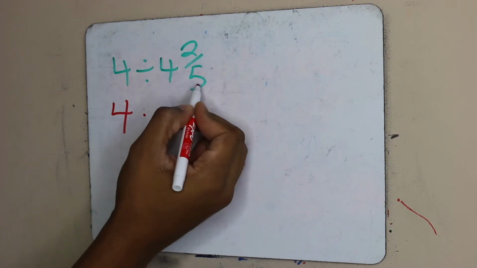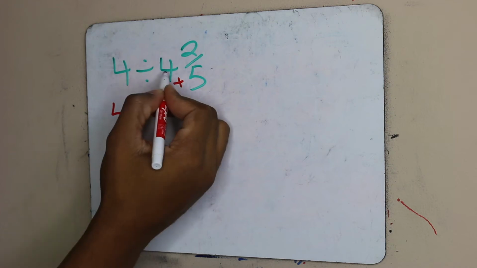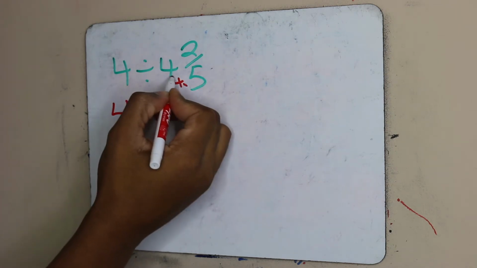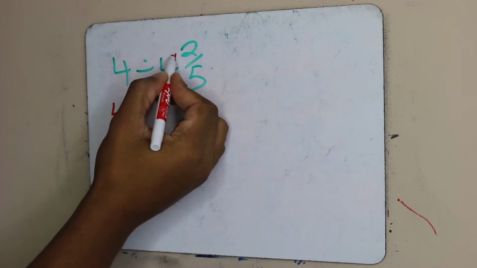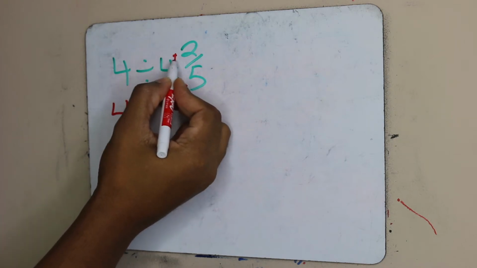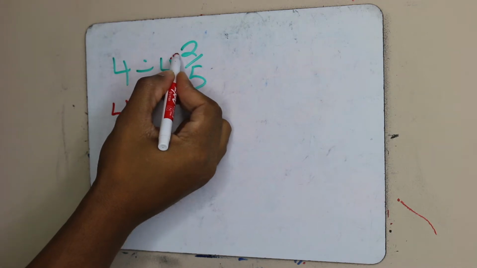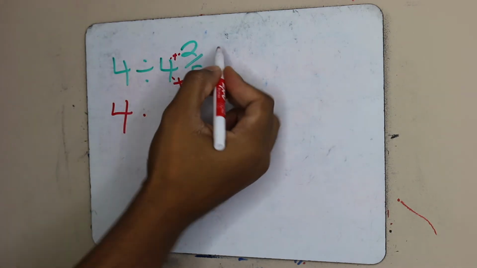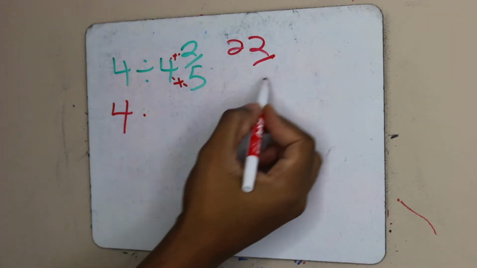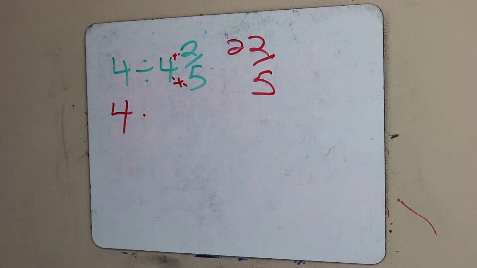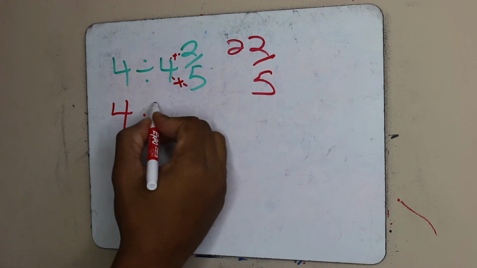So 5 times 4, right? 5 times 4 equals 20. And then we go ahead and add our 2. So 20 plus 2 is 22. Okay? So that's 22 over 5. So now we have our setup.